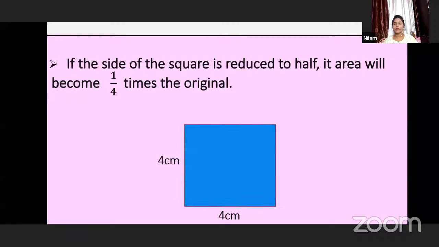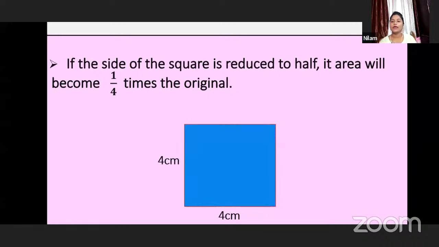See, it is a square whose side is 4 centimeter. So can anyone tell me what will be the area of this square if the side is 4 centimeter? Anyone can unmute and tell me.